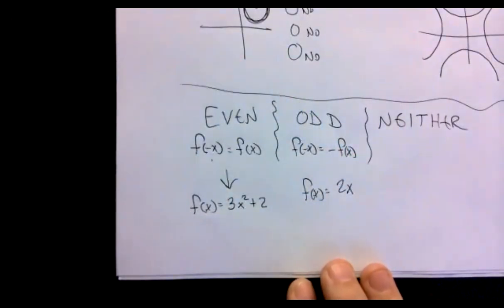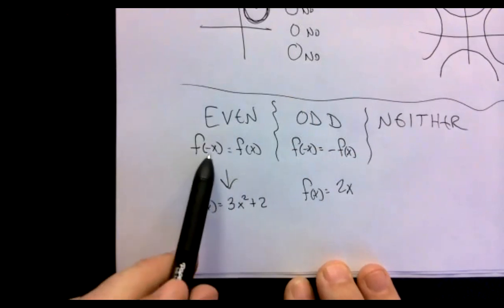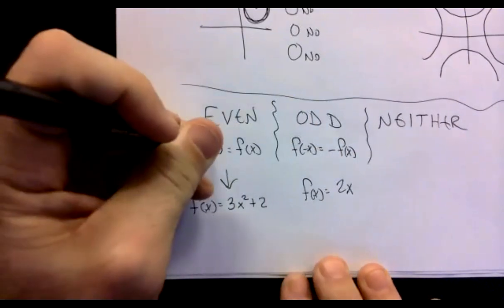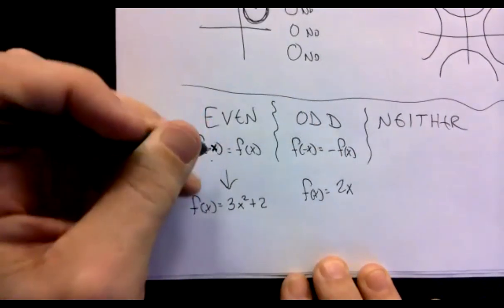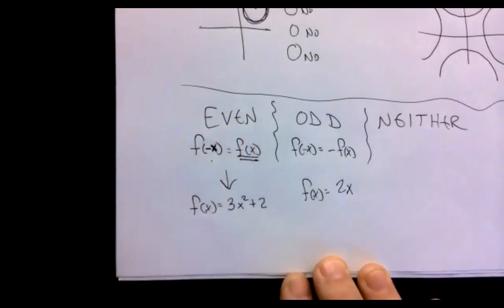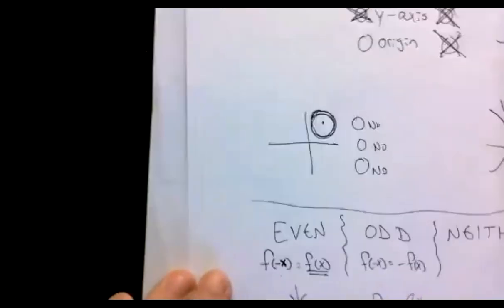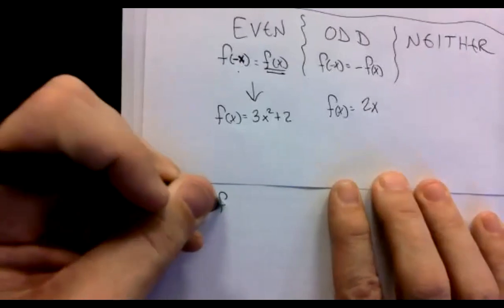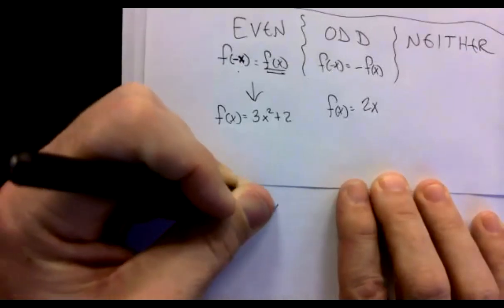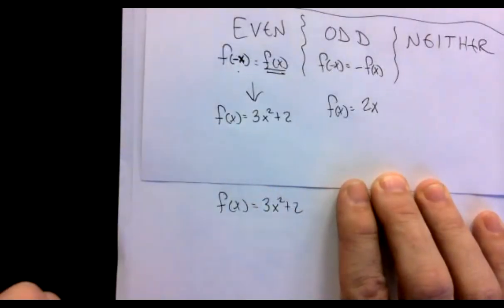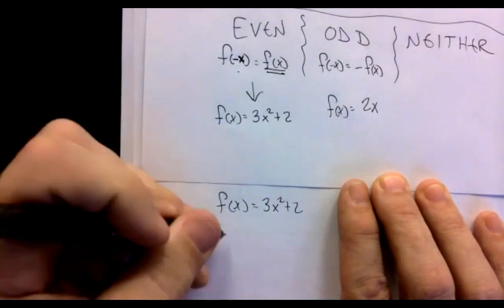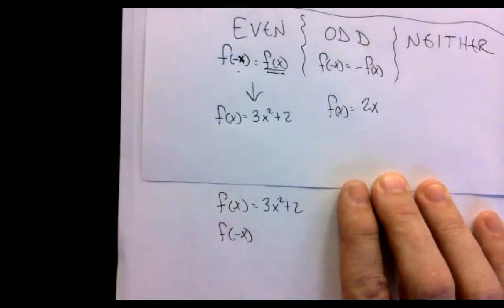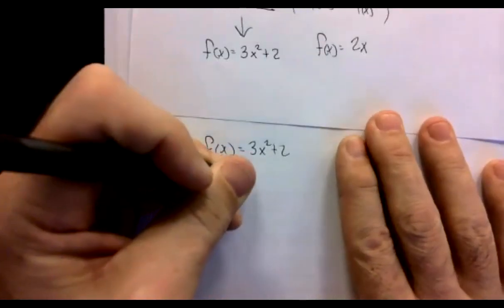So on that even one, it has a negative x and a regular x. Right. So if you plug in negative x, do you end up with the exact same thing you started with? That's what it's asking. Let me walk through that one a little better. Say f of x equals 3x squared plus 2. To check if this is even, I want to plug in negative x. That's just a plug-in formula.